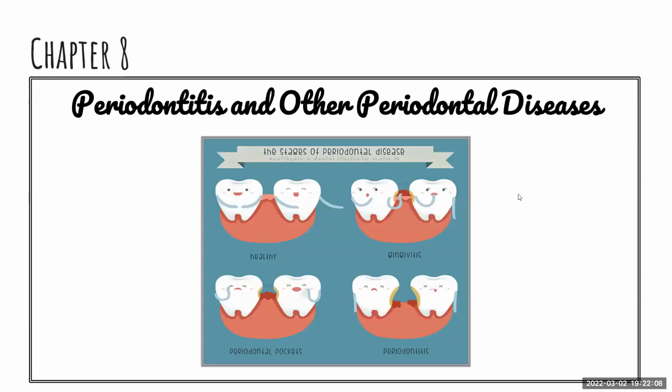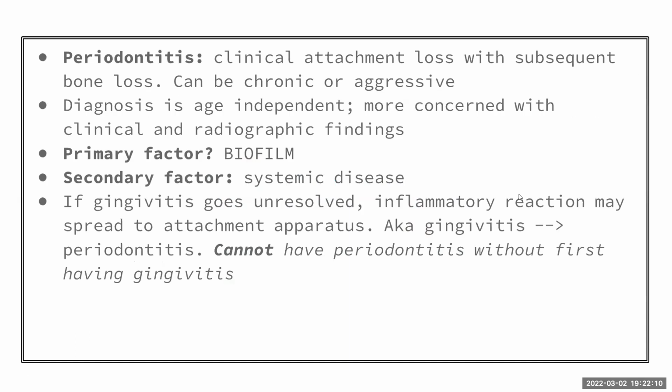Okay, let's take a look at some periodontal diseases. Periodontitis, you know, is the clinical attachment loss. Primary factor, always, always, always biofilm. Secondary factor can be systemic diseases and other things. If gingivitis goes unresolved, the inflammatory reaction can spread to the attachment apparatus, which causes periodontitis.